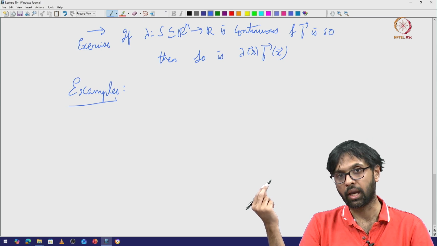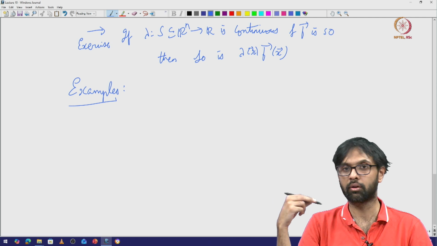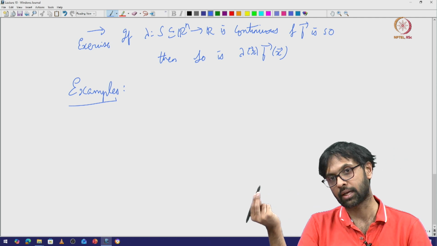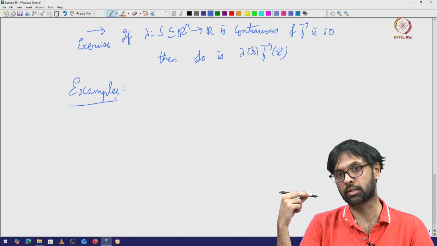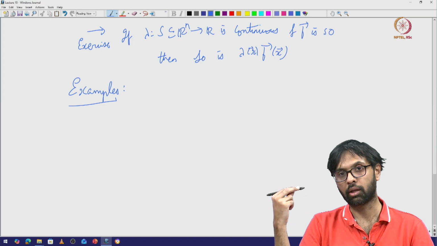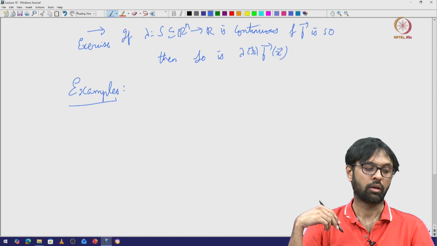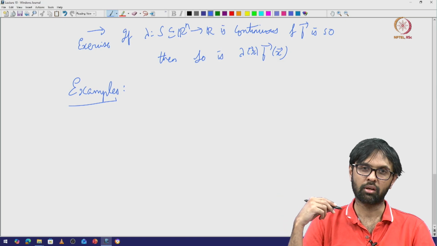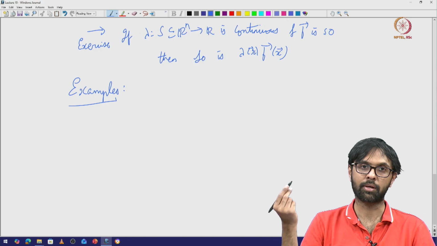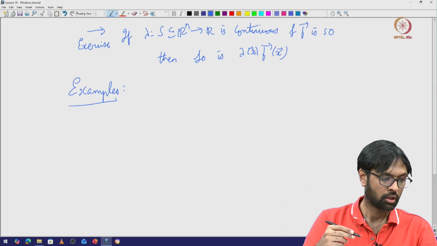Despite individually, if you fix y and you take the limit in x, or if you fix x and take the limit in y, these limits existed, and yet the multivariable limit did not exist, leave alone continuity, right? So we need some laws that help us deduce when things are continuous.